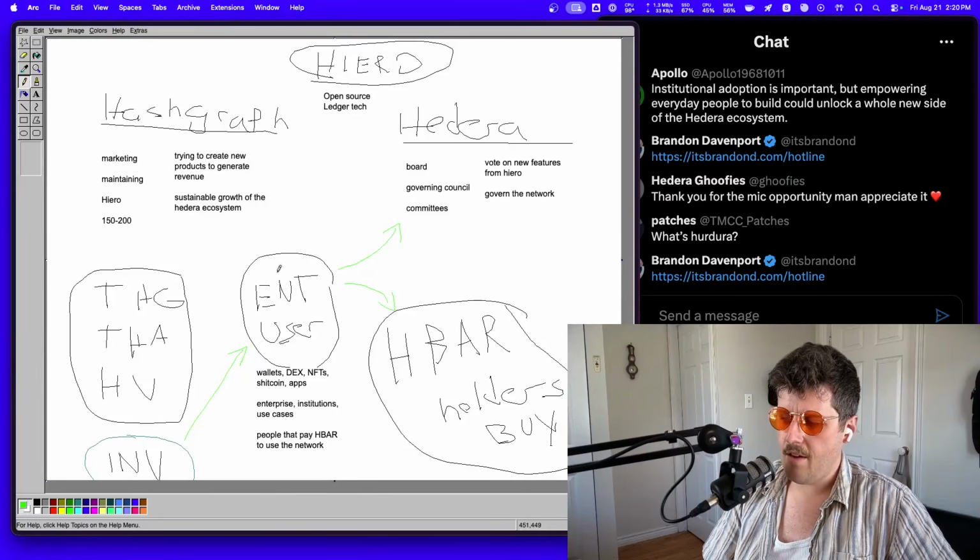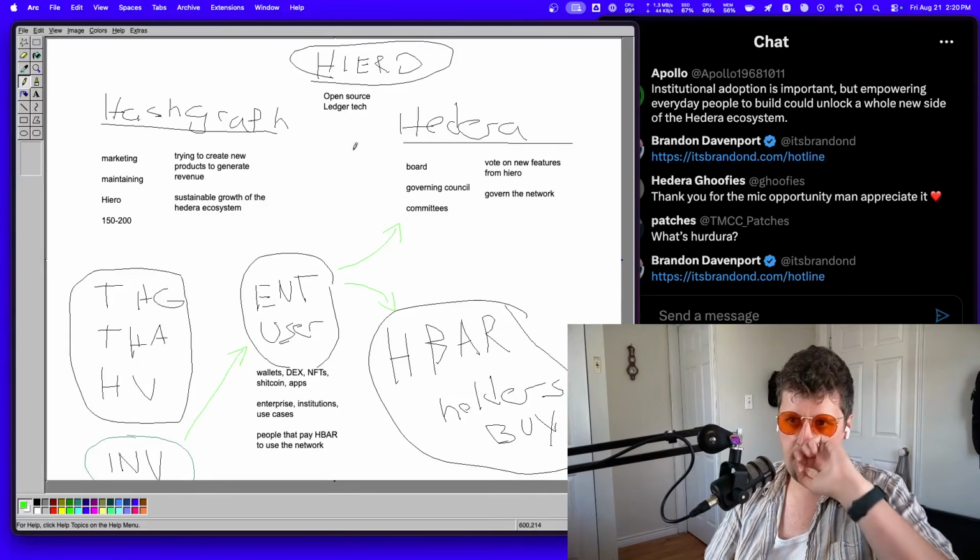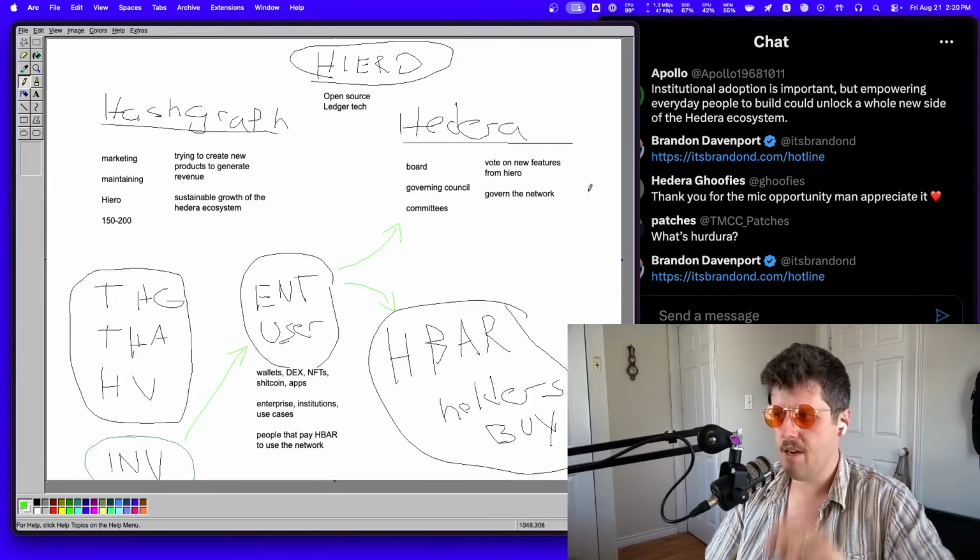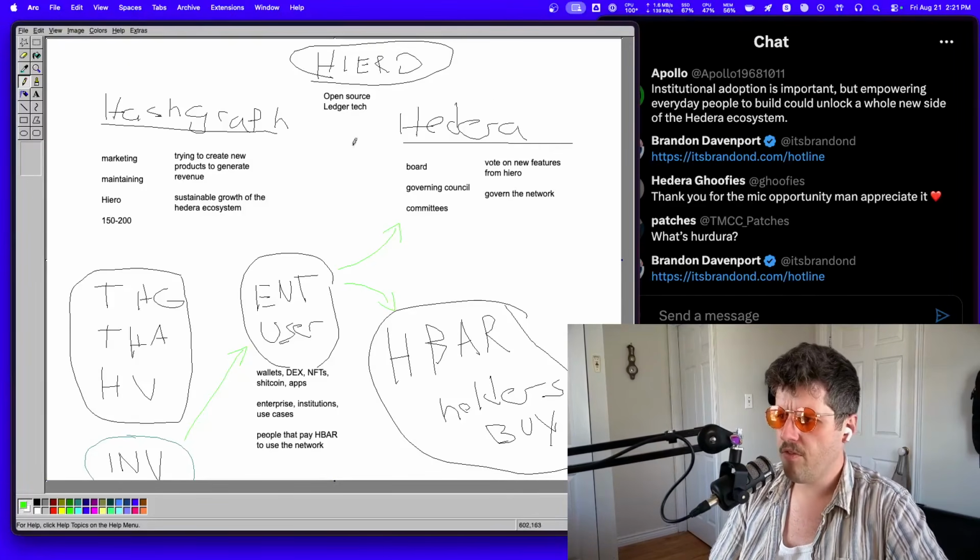And that end user of Hedera is going to be buying HBAR, and they're going to be sending HBAR through paying transaction fees and revenue into Hedera. And then Hedera's treasury grows, right? So that is a little bit of a sustainability flywheel for Hedera.